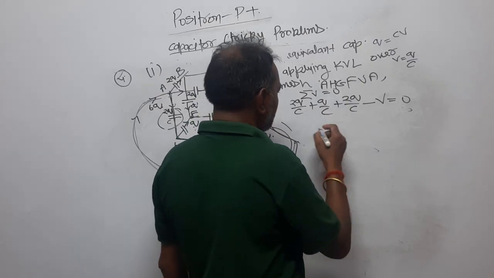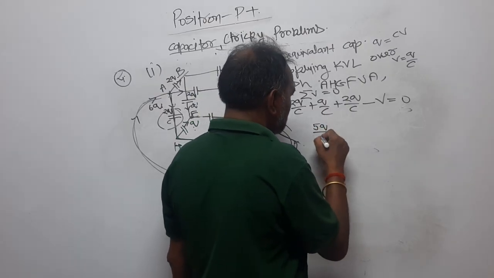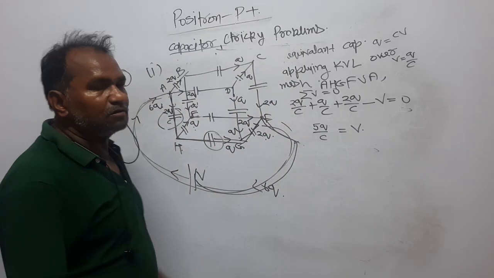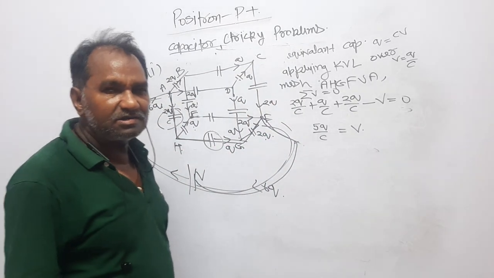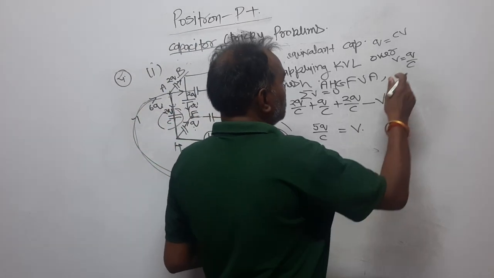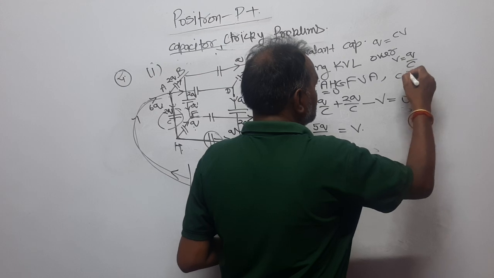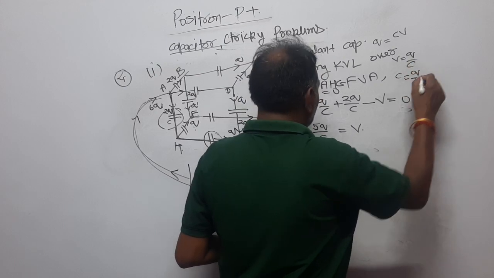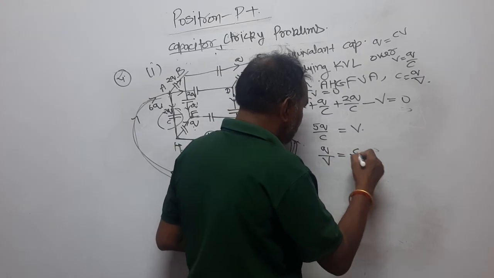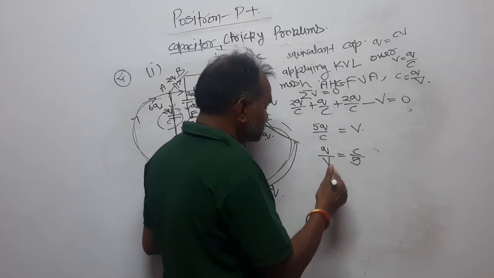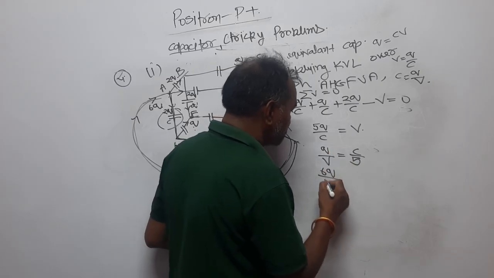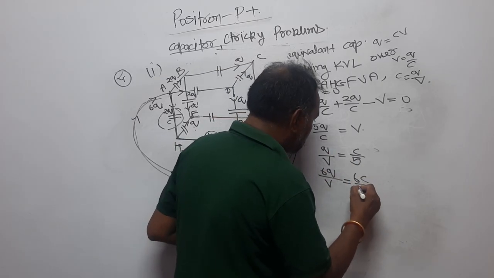Now dear student, if you add this, it is 5Q by C is equal to V, but the charge is 6Q, right? The battery has issued the charge 6Q. Now look here, C is equal to Q upon V, you might write. So Q upon V will be C upon 5. But because 6Q charge has been issued by the battery, I have multiplied by 6 on both sides.